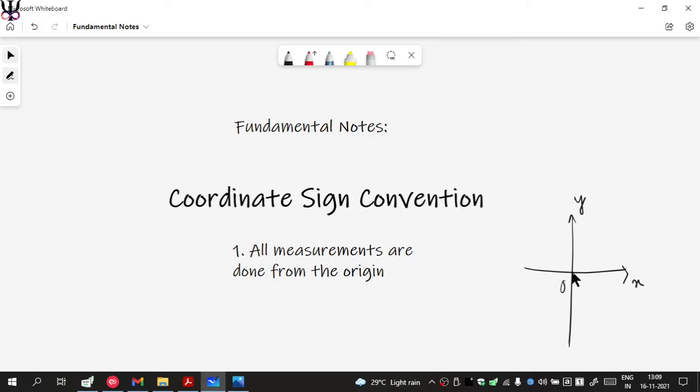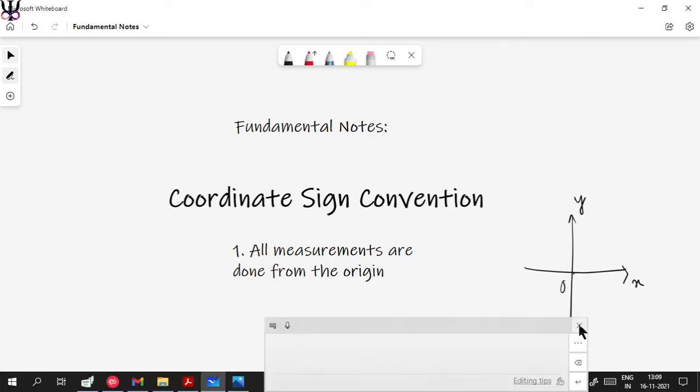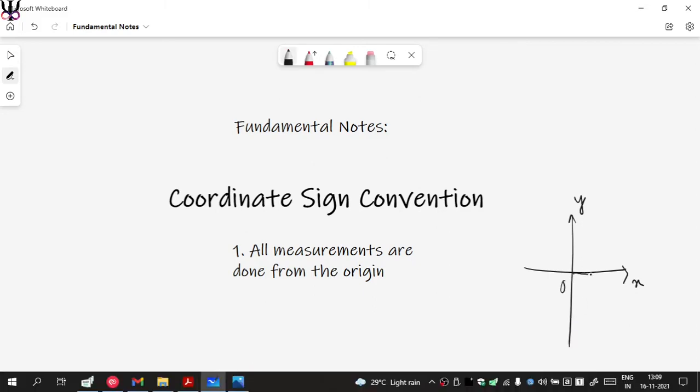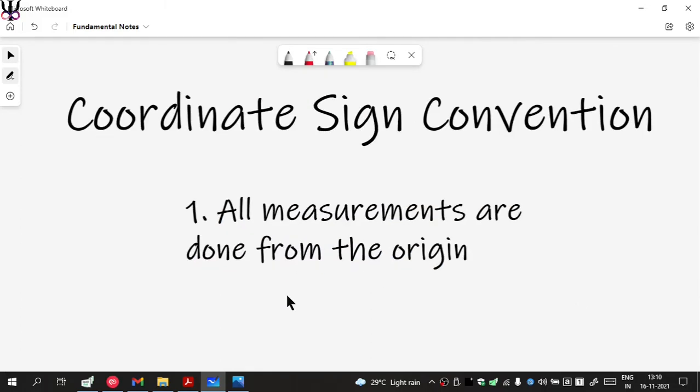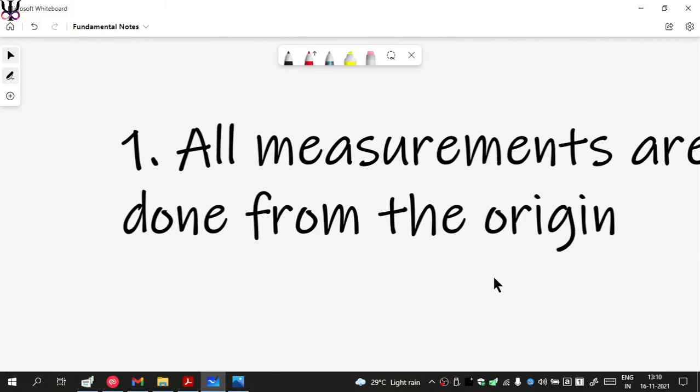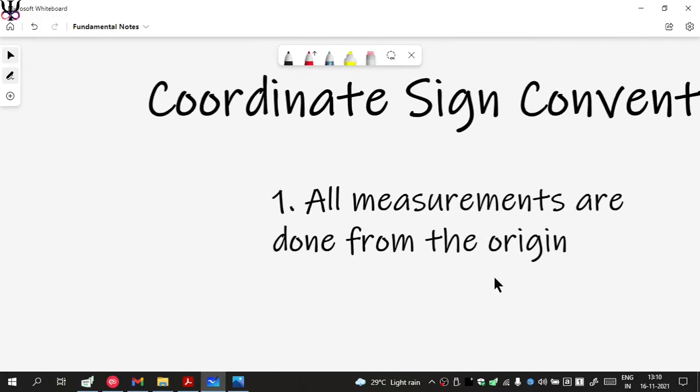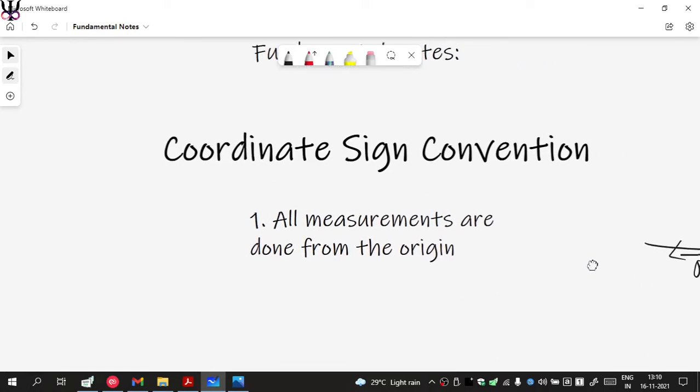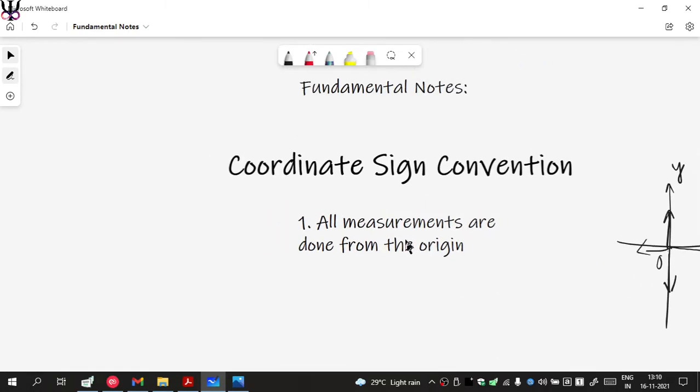The first point of measurement will be the origin, and then you go from the origin to the left or to the right, up or down, but all the measurements are taken from the origin. That's the first thing that you need to remember when it comes to the coordinate sign convention. Now let's go to the second part.